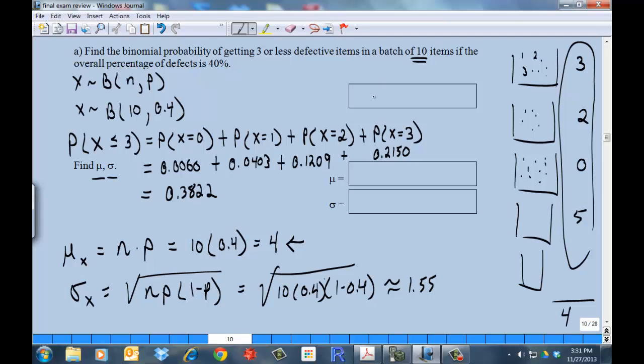So the probability of getting 3 or less defective items is 0.3822. The mean is 4, and the standard deviation is approximately 1.55.